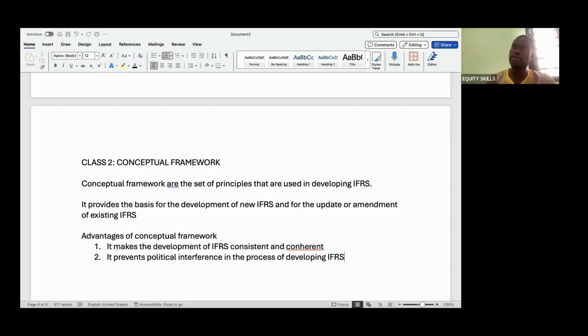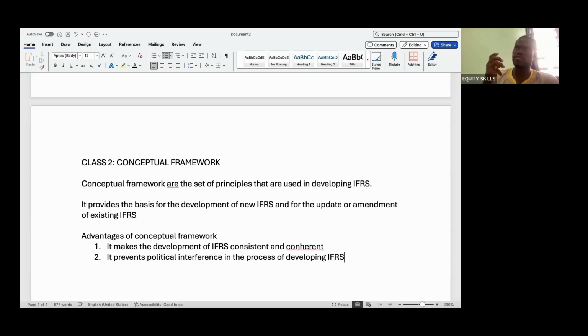Because the way reports are presented can ultimately determine things like the GDP of a country, or the market capitalization of the stock market, or how foreign investors perceive a country, right?